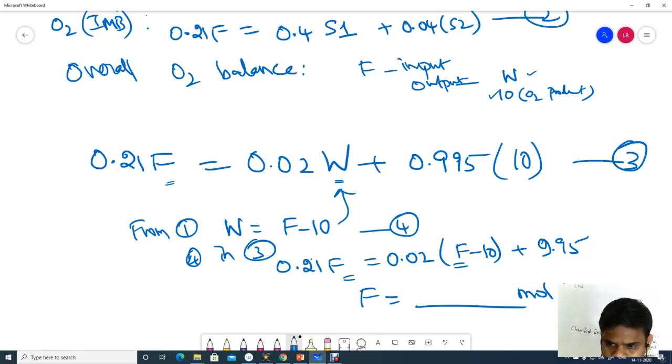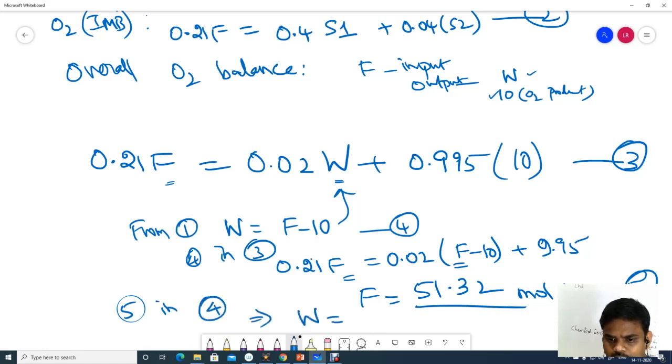So what is the value? Please use your calculator and let me know. We get the F value as 51.32. Let it be equation 5. Substituting 5 in 4 gives W equal to 51.32 minus 10, which is 41.32 moles per second.